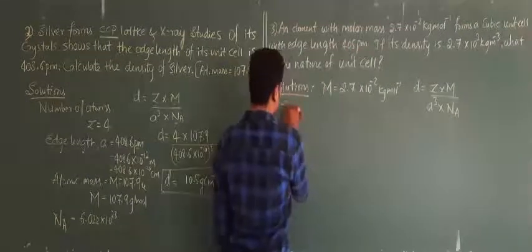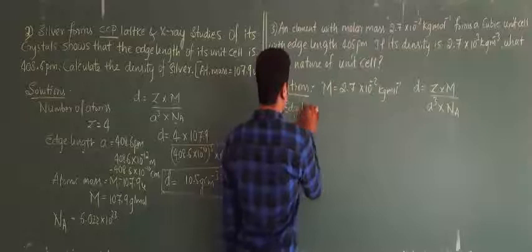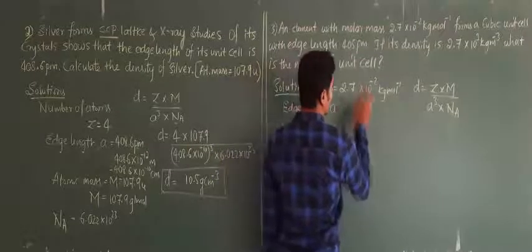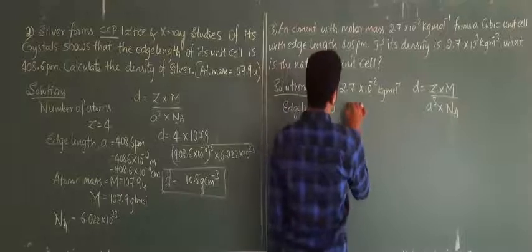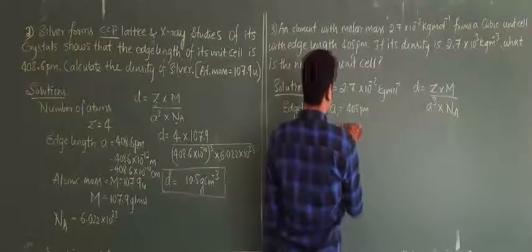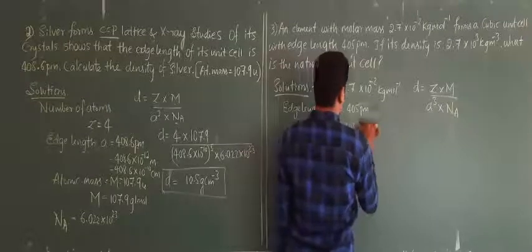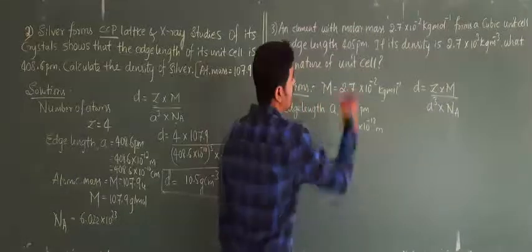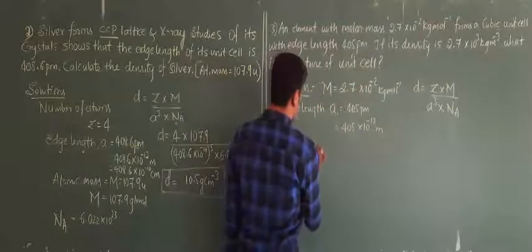Edge length is given. So edge length, it can be represented as A, that is equal to 405 picometer, or you can write it as 405 into 10 raised to minus 12 meter. Then the density is also given.